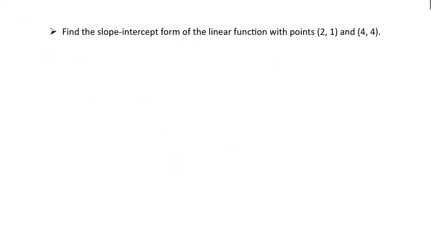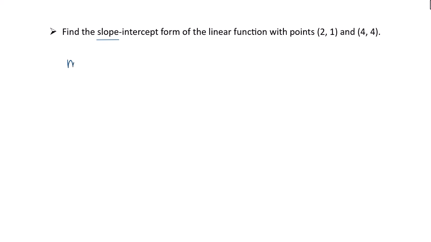Alright, let's find the slope-intercept form of the linear function with points 2, 1, and 4, 4. So a lot of times the form that they're asking you to get your function into will give you some clue of what you need. We need the slope to be able to get the equation of this line, and we don't have that.